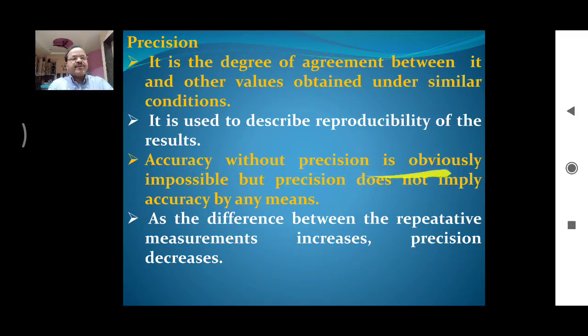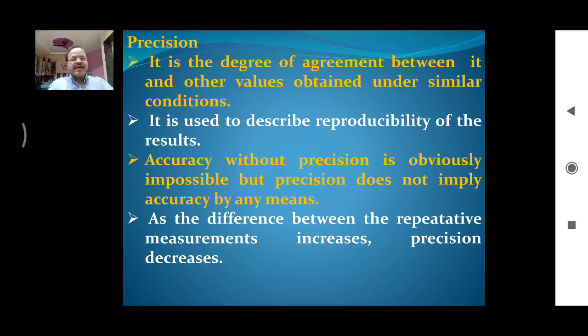Accuracy without precision is obviously impossible, but precision does not imply accuracy by any means. What is the meaning of this? Let's divide this sentence into 2 parts. Accuracy without precision is obviously impossible.